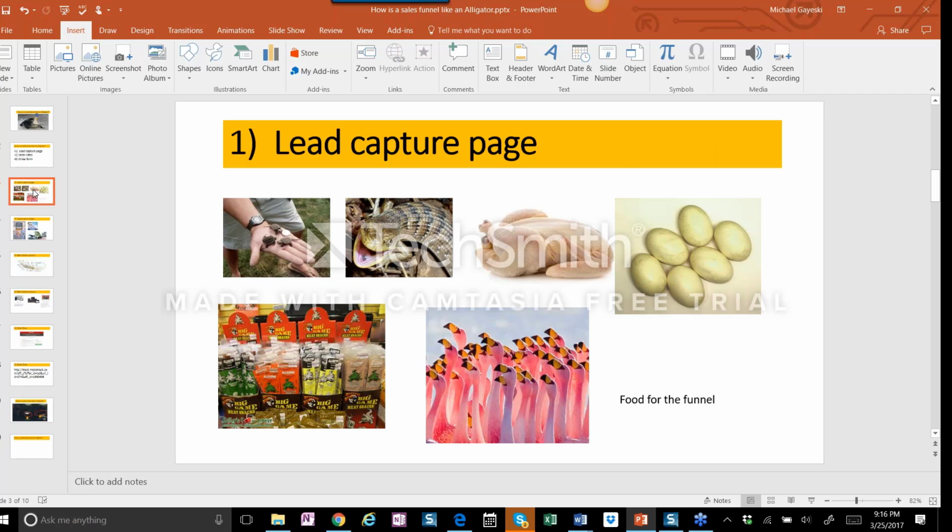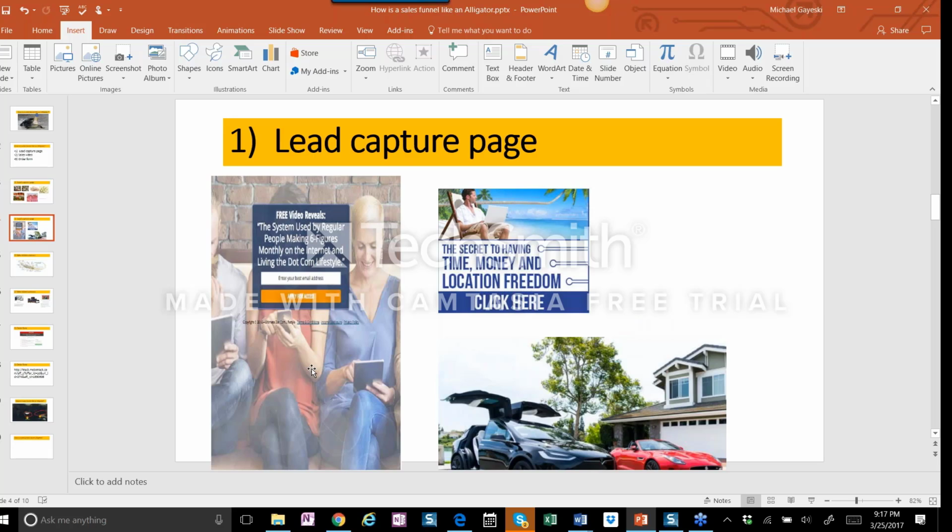And a lead capture page is somewhat like the food that you're going to feed that alligator. You have small turtles, snakes, chicken, eggs. These are all the food. Here's dessert: your pink flamingos, and packaged food that the alligator eats.